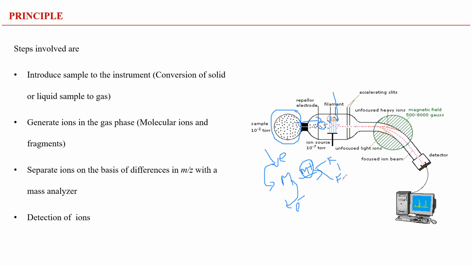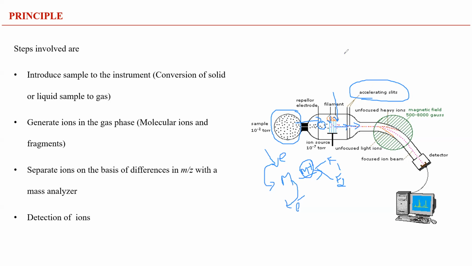Whatever fragments and molecular ions are formed, they now pass out of the ionization source. When they come out of the ionization source, we place the accelerator slits or electrostatic accelerator plates. These electrostatic accelerator plates increase the velocity of the formed molecular ions or fragment ions.